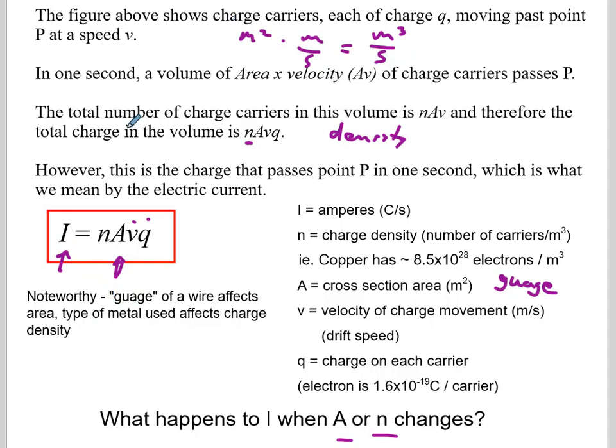If we said the area went down, then the current carrying capacity would go down. If we took a different medium, so aluminum versus copper versus brass or gold, different options, if you increased the density of charge carriers, then your current would go up to match that.